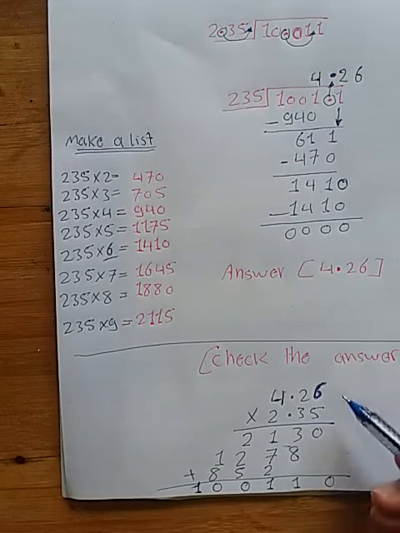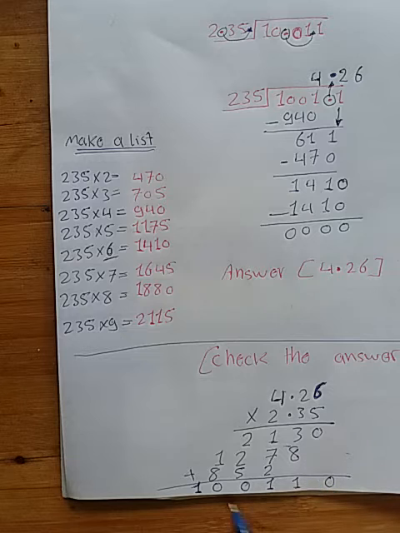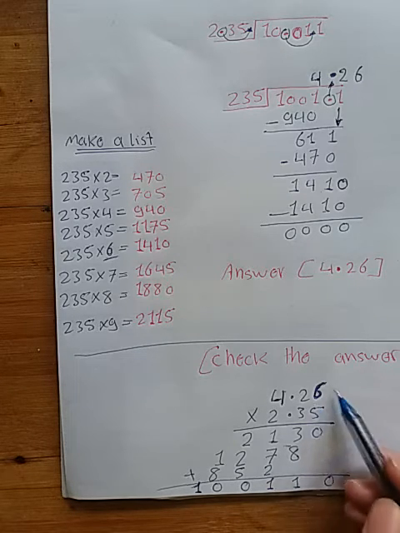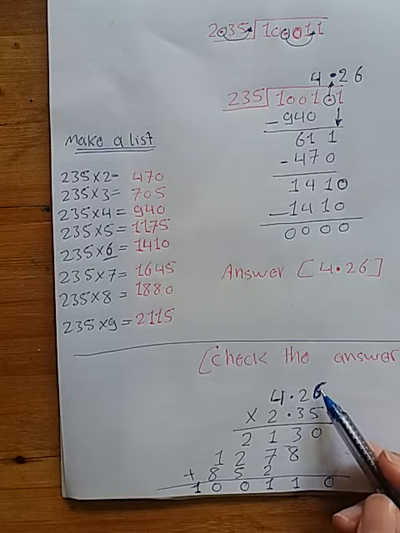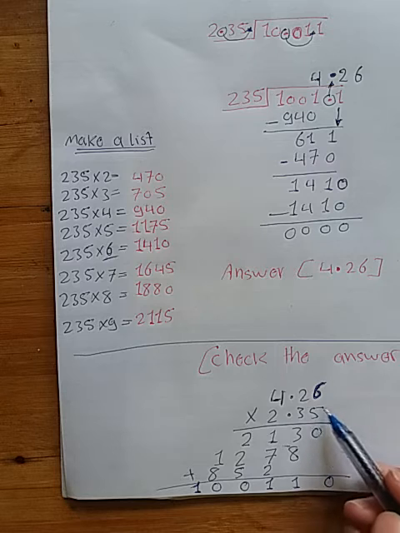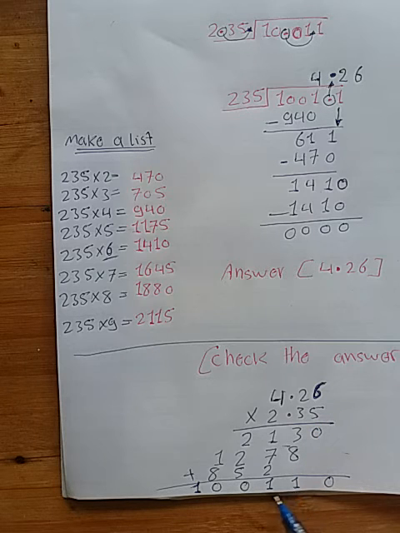Now that we have done our multiplication, we will have to place our decimal point. Let's count the decimal places here in our two numbers. In the first one we have 2 decimal places, and in the second one we have 2. So our decimal point will be placed after 4 places.